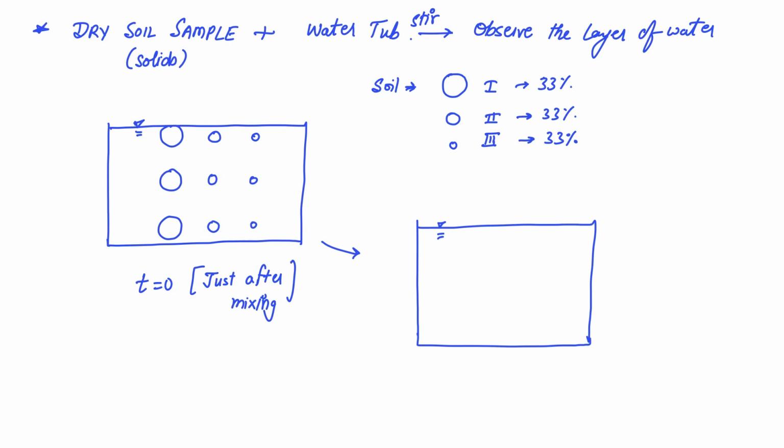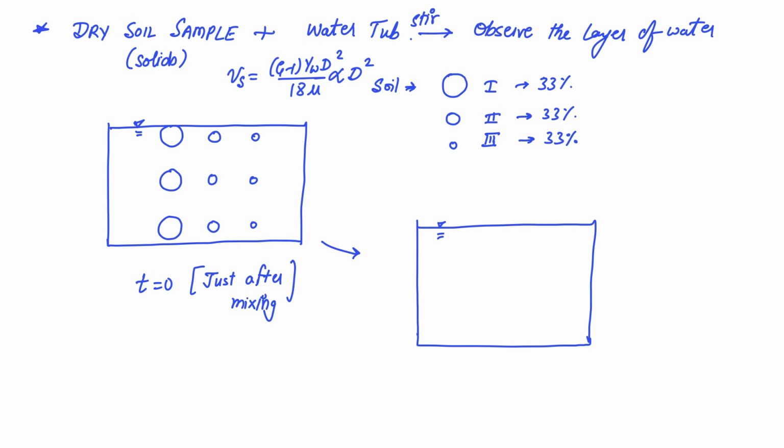So if I ask you which of the solids will have the highest settling velocity: in the previous formula, you might have observed that Vs, the settling velocity, was (G − 1)γw d² upon 18μ. From here, you might have observed that the settling velocity is directly proportional to d². That means the bigger the particle, the more its settling velocity.